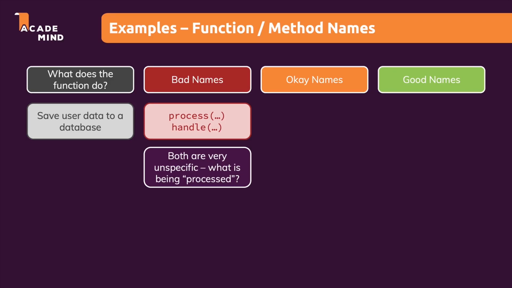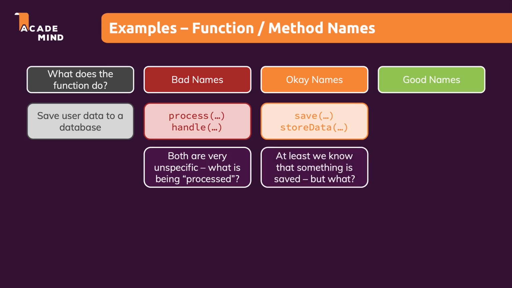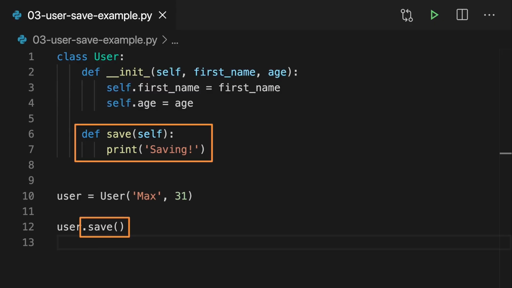Now, when it comes to okay names, we could have something like save or storeData. Now, the good thing is that now it's clear that something is being saved, but it's still not necessarily clear what is being saved. Of course, if save is a method on a user object, then it's way clearer, and then save is perfectly fine.